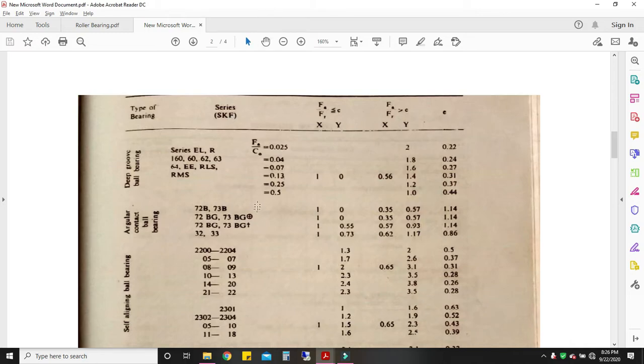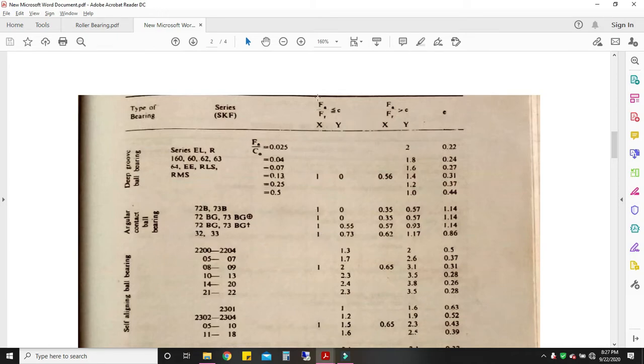In the third column you will have the ratio of FA by C0. FA indicates axial load, C0 indicates static load carrying capacity. In the fourth column you will have the FA by FR ratio and X and Y. X indicates the radial load factor, Y indicates the axial load factor.